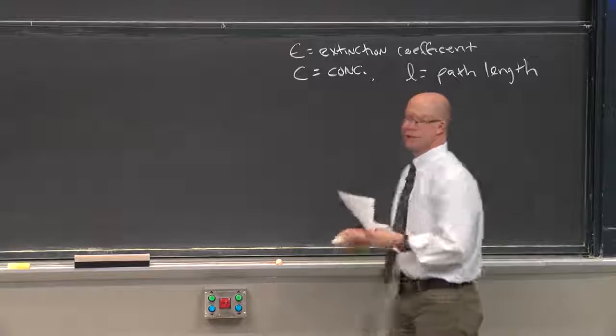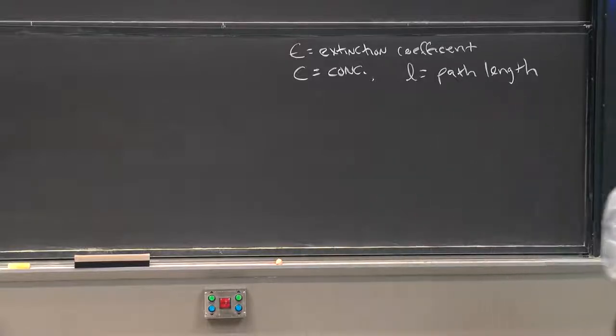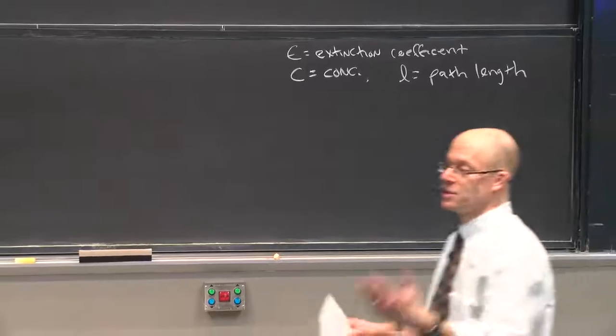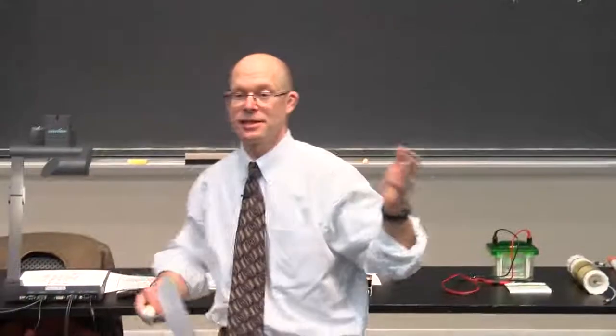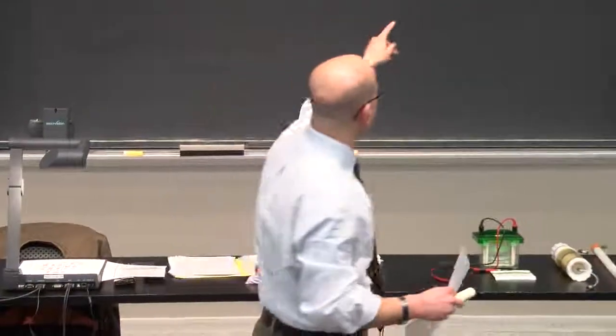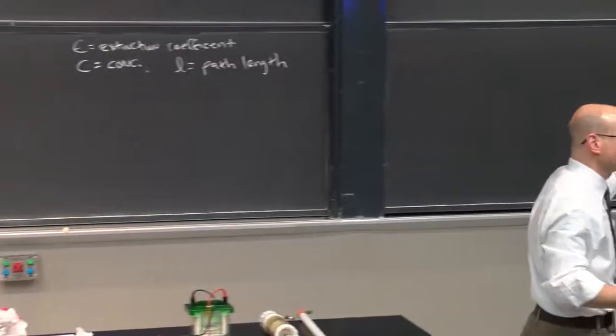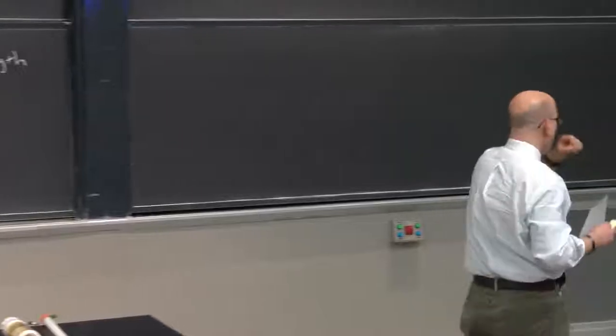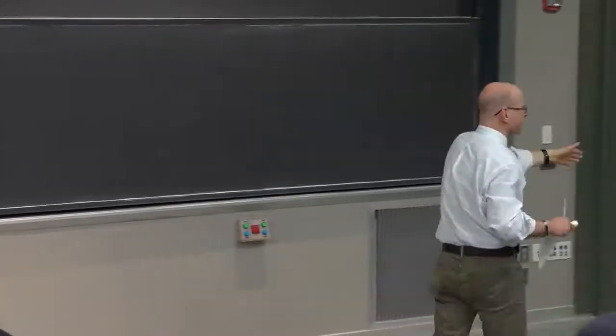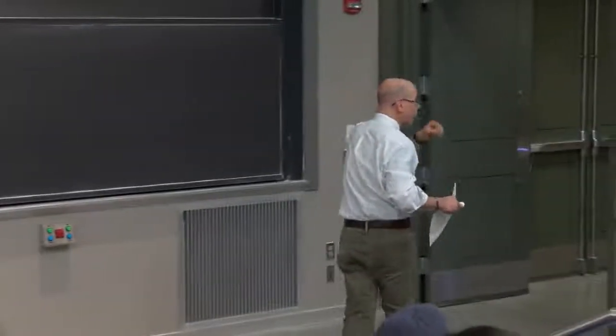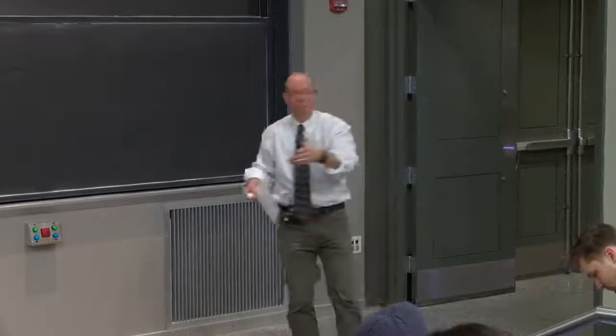Now in this course, or in any course, I will just remind you what you should naturally do anytime anybody gives you an equation, which is examine it in your mind and think, does it make sense? Well, let's see. It says that the higher the concentration, the greater the absorption. That makes sense. It says the longer the path length, the greater the absorption. That should also make some sense.